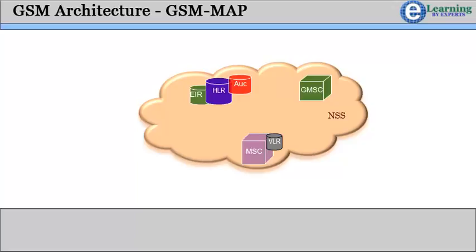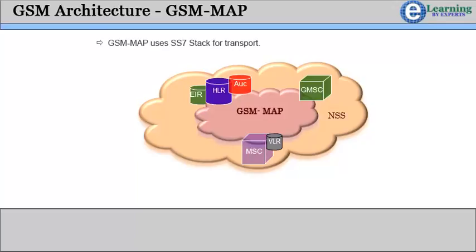The GSM-MAP standard is used for signaling information exchange on the interfaces between core network components. GSM-MAP uses SS7 stack, TCAP, SCCP and MTP for transport. SMS and circuit switch data are the two forms of data supported in GSM today.